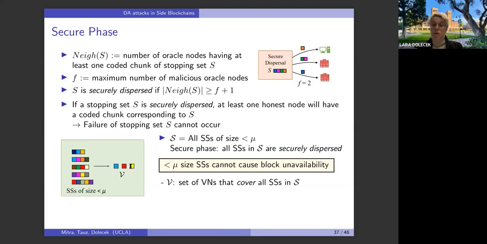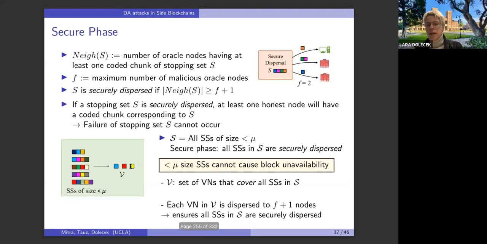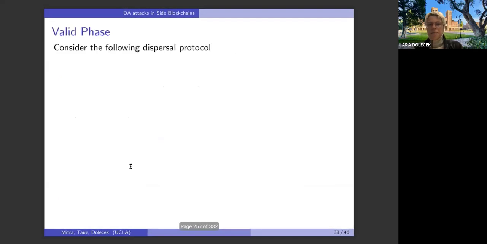And that is a small set. So we want to cover a lot of stopping sets with a small set of variable nodes. And those are the ones that are going to be dispersed to F+1 oracle nodes, and that will guarantee simultaneous secure dispersal of all small stopping sets.